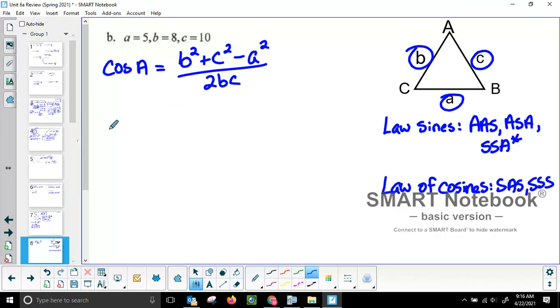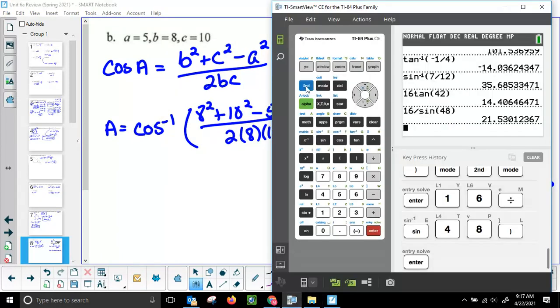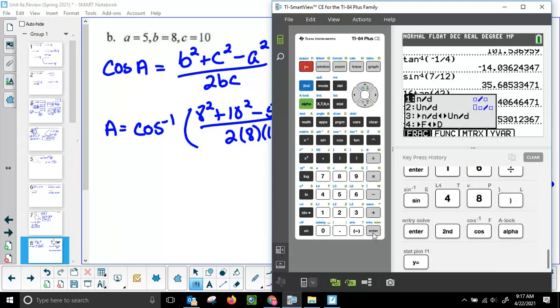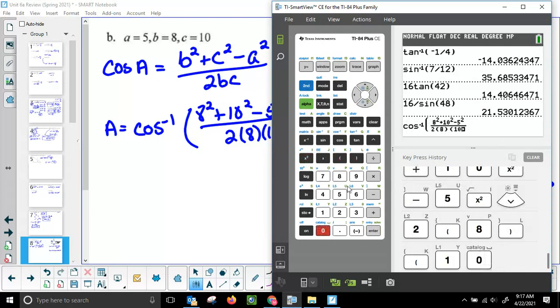So angle A equals the inverse cosine of B squared plus C squared minus A squared, all divided by 2BC. Now we can plug that exactly into our calculator.